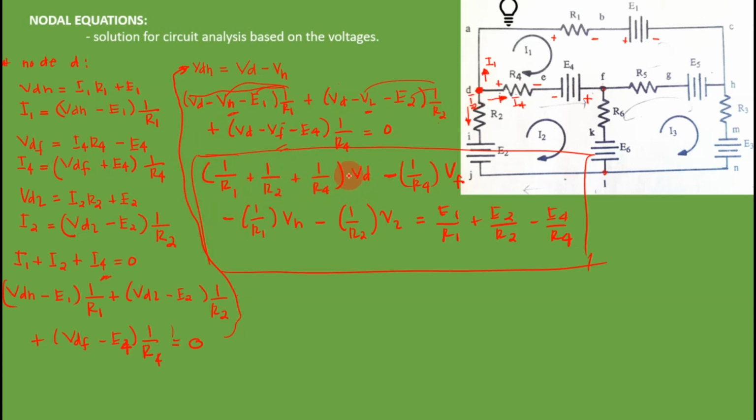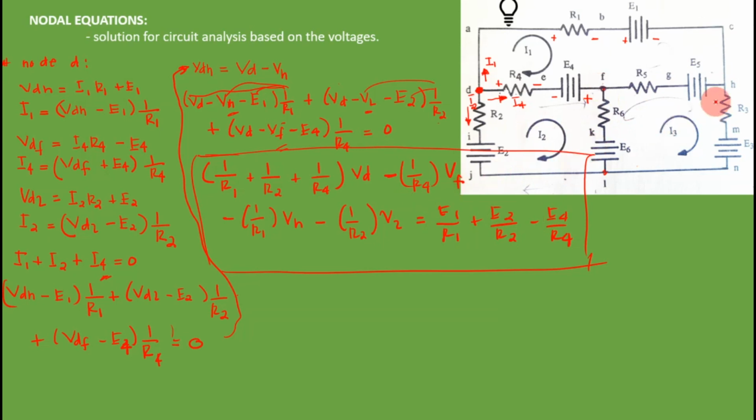Then for each attached node, you take the negative inverse of that resistance and multiply by the voltage at that node, equal to the voltages over the resistance in which that voltage sits. You also take into consideration the polarity, in this case plus, plus, and minus. So the other nodes like F, like H, and the others are up to you. You can right away set up the equations.